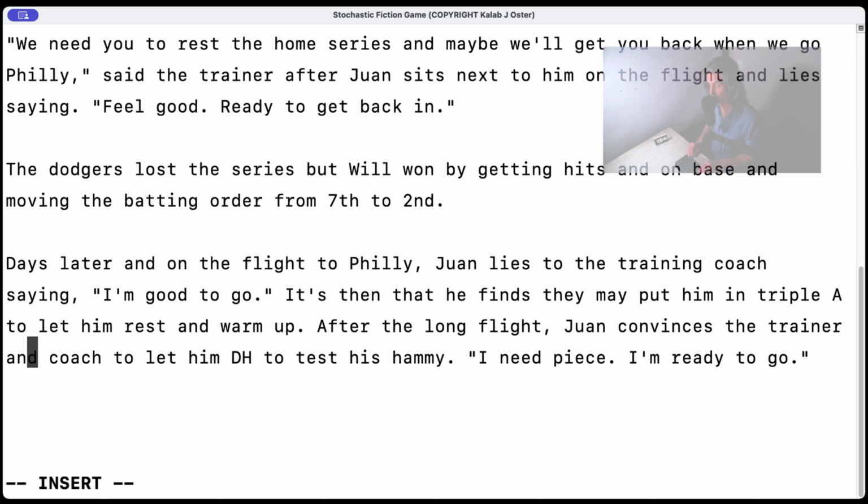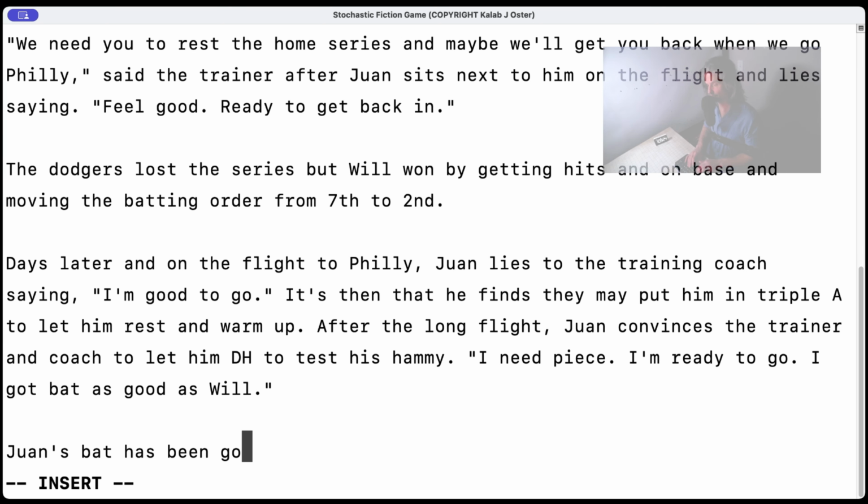I need a piece. I'm ready to go. I got bat. Juan's bat has been good, but not lately.